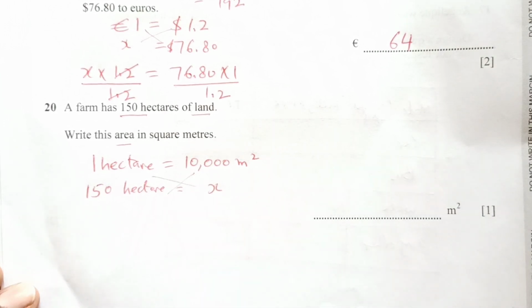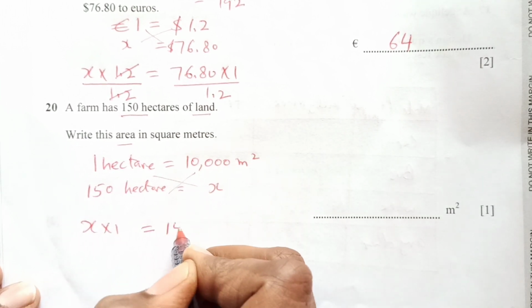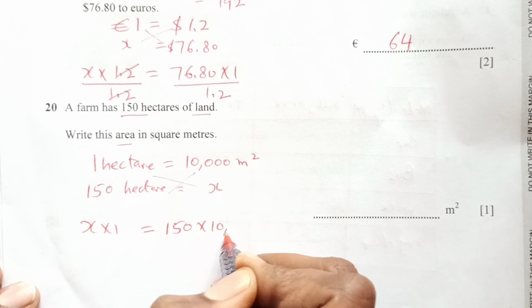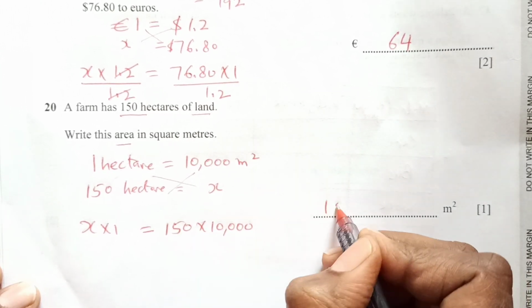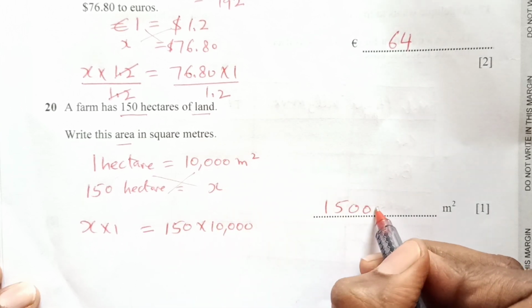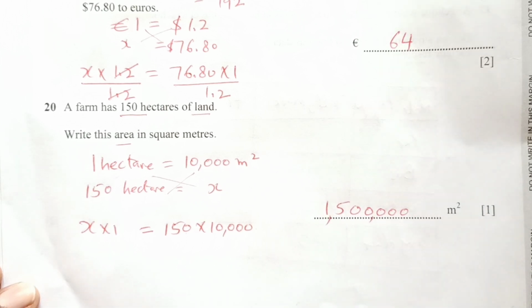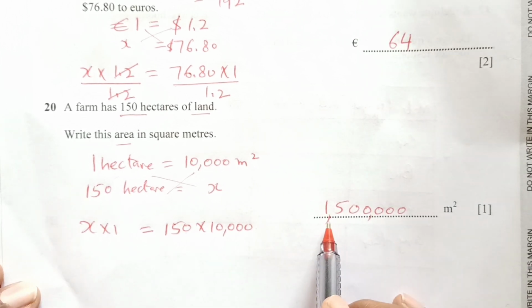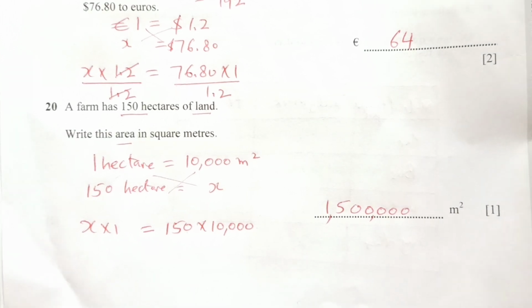Again you cross multiply. Then you will get x times 1 is 150 times 10,000. So it's directly 15 with 4 zeros. So this will be 1.5 million, 1,500,000 square meters. So that's it for question number 20.